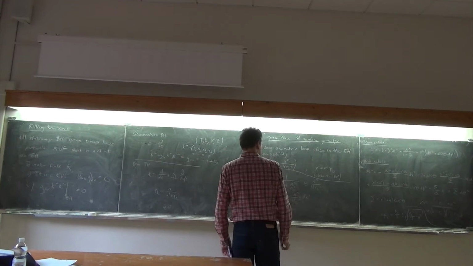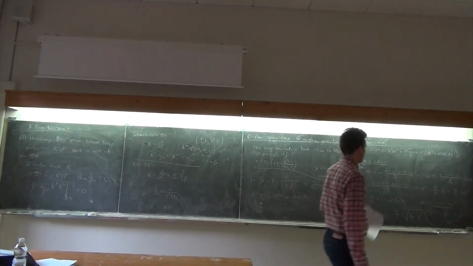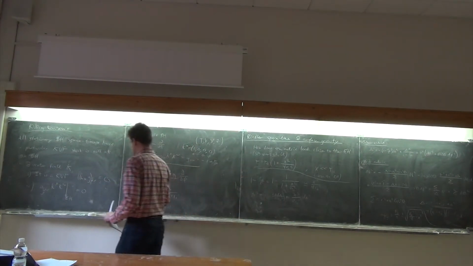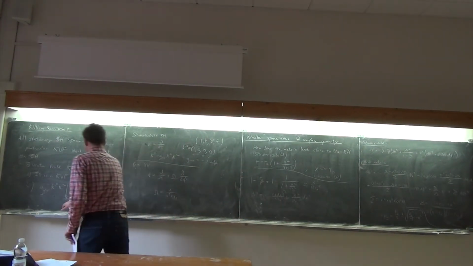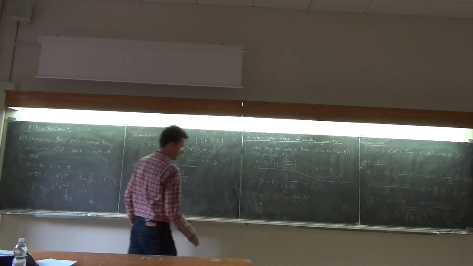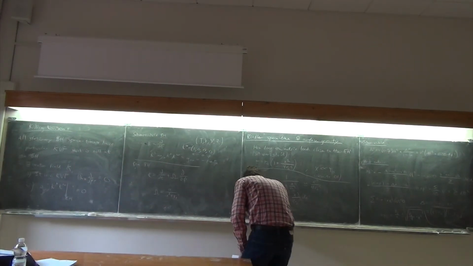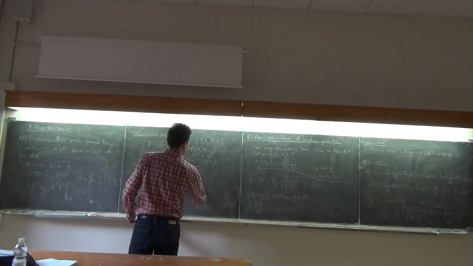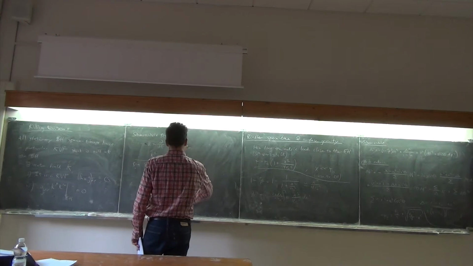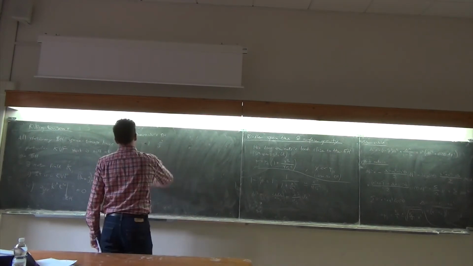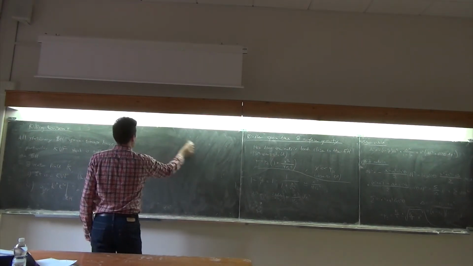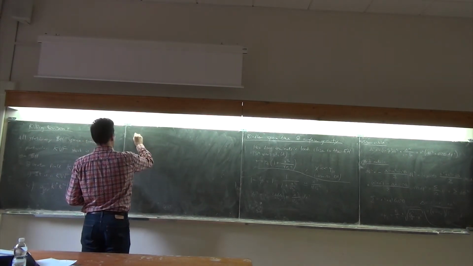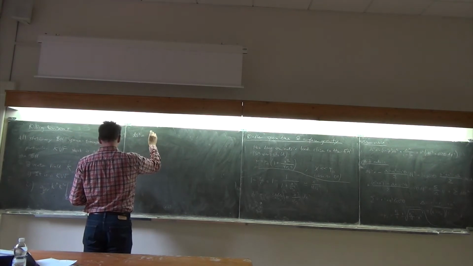So using this, we now insert these two results in the metric. So how does the Schwarzschild metric then look close to the horizon?